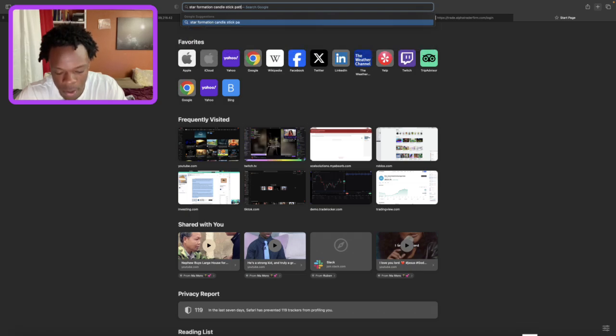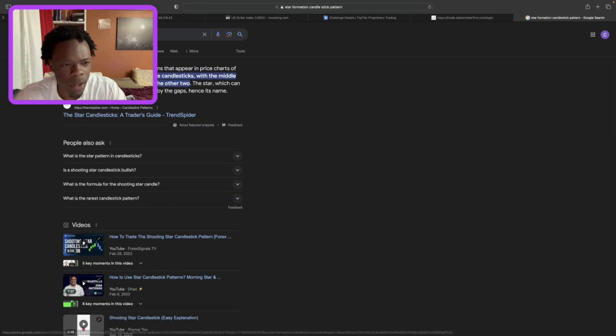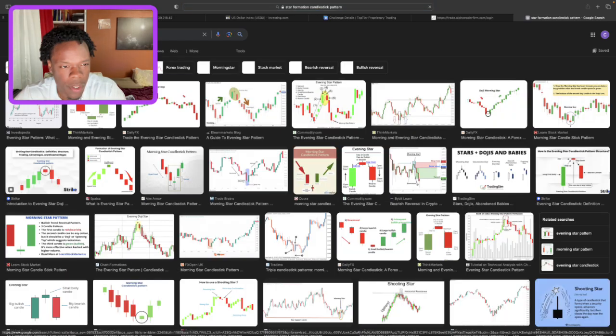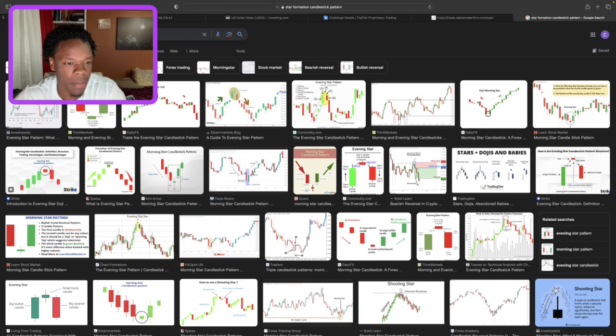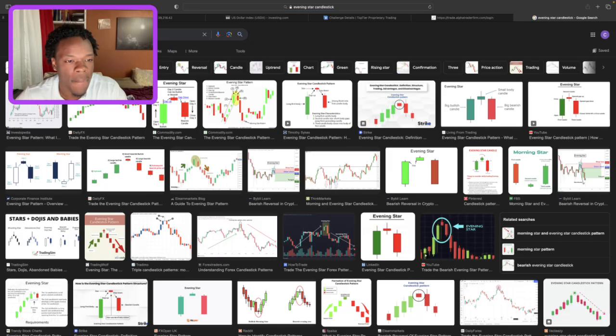And if you go right here, it essentially gives you an image. I think it's the opposite of a morning star, an evening star. I believe it's called evening star. So there you go.